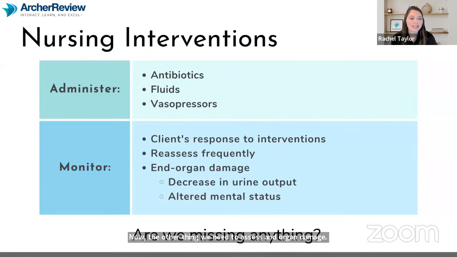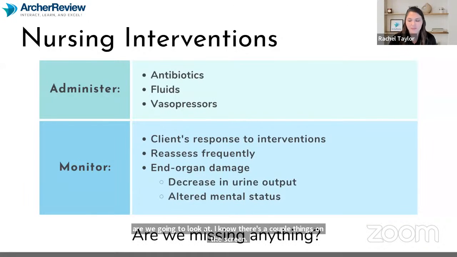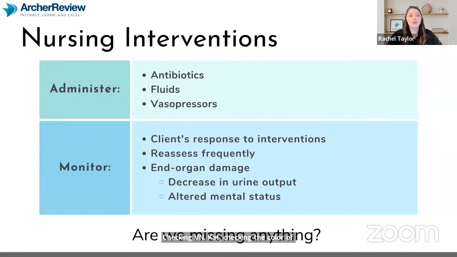So with end organ damage, what would we look for? How would we know if our organs are suffering? What things are we going to look at? I know there's a couple things on the screen. Checking BUN creat, checking the color of urine. Yeah, if urine starts to dramatically decrease, guess what?